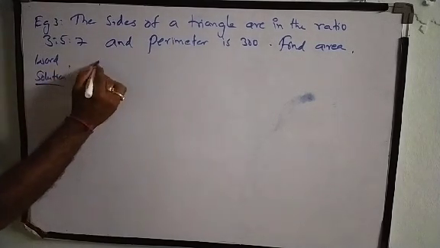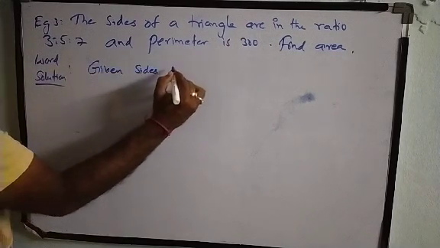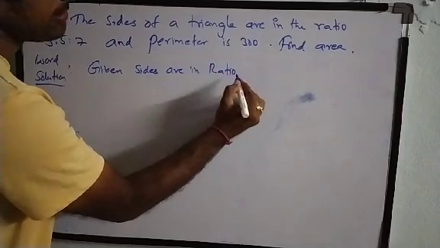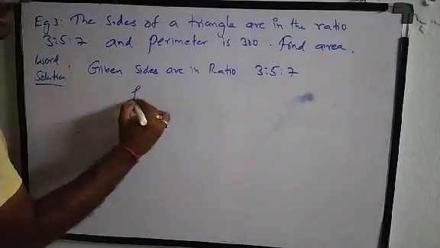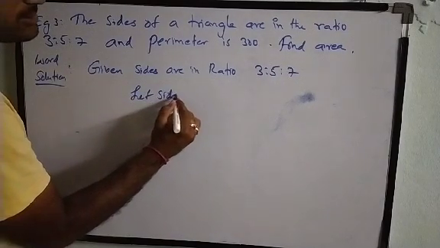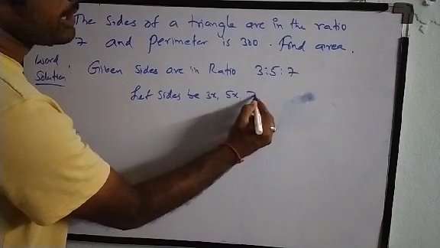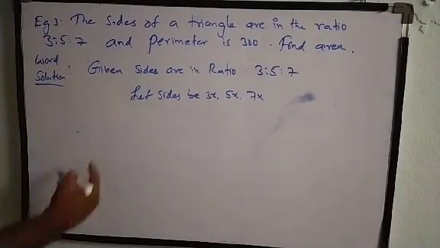So given sides are in ratio 3:5:7. So let sides be 3x, 5x and 7x. So these are the three sides.